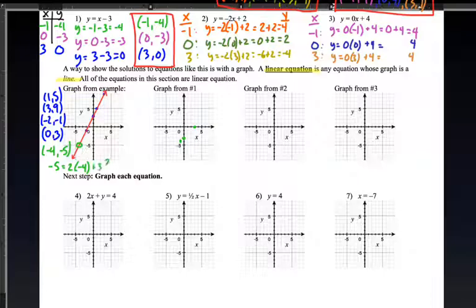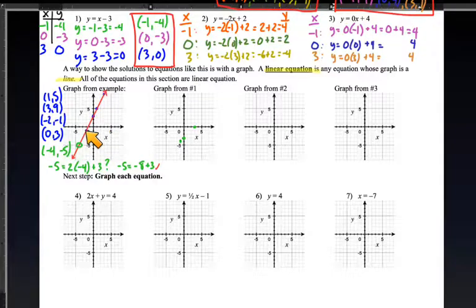If I plug that into my original equation, y equals 2 times x plus 3, check this out. Negative 5 equals 2 times negative 4, that's negative 8, plus 3. Yeah, it's a solution. It works. I chose that one instead of x equals negative 17/19 because that would have been a pain, but it would have worked.